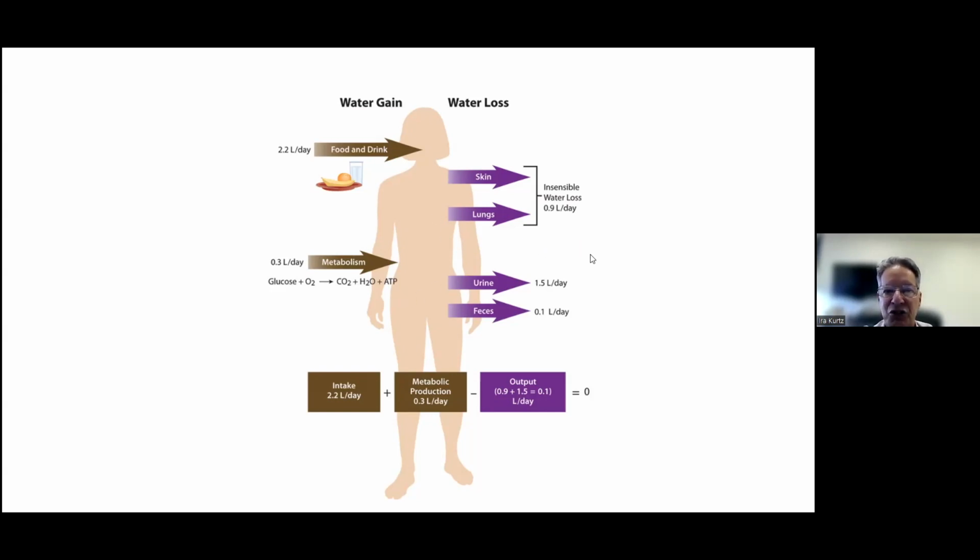So let's look at the sources of water. From the food and what we drink, there's about 2.2 liters a day, about a 2-liter Coke bottle. Now, a little more complicated to think about is that we actually generate water from the foods that we eat, about 1/3 of a liter a day. This is not water that you can see, and is not water that is in the food like a piece of fruit.